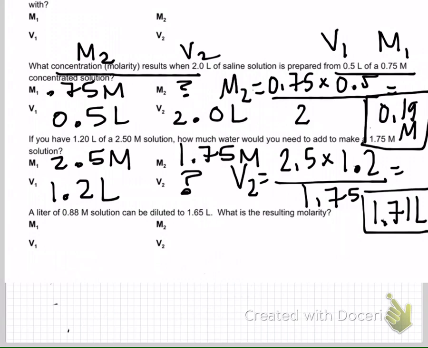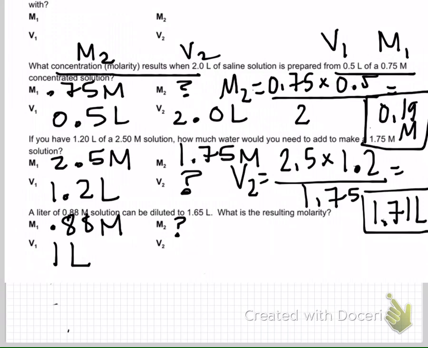Okay, last one. Our original molarity is 0.88 molar. My initial volume is 1 liter. My final molarity, I don't know.